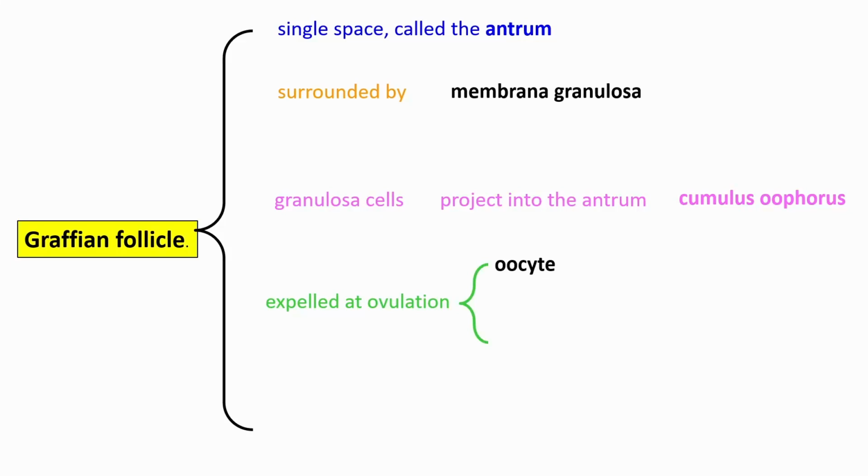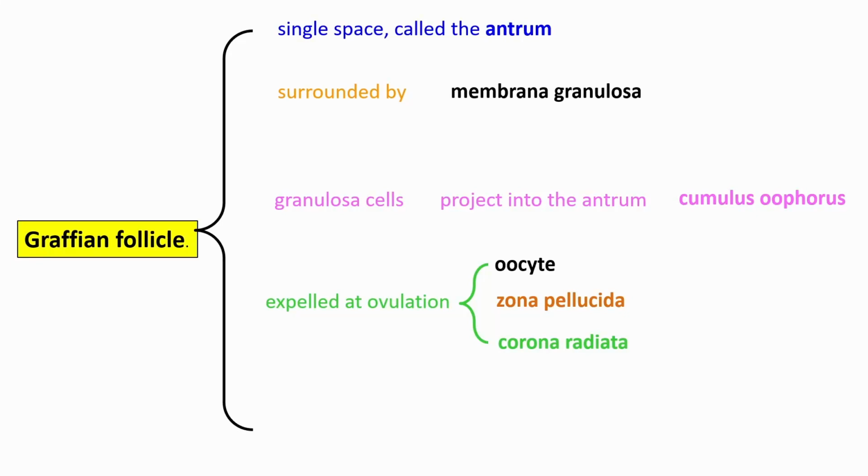What comes out of the Graafian follicle is the oocyte, the zona pellucida surrounding it, plus the group of granulosa cells that are surrounding the oocyte.